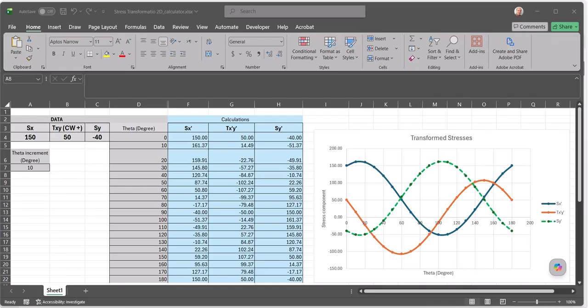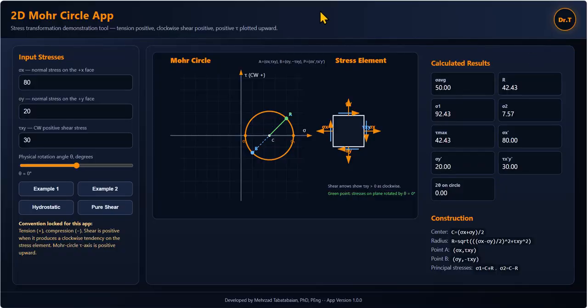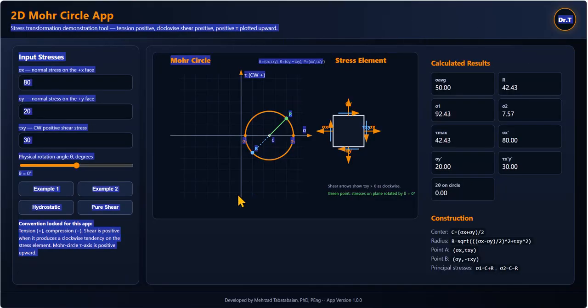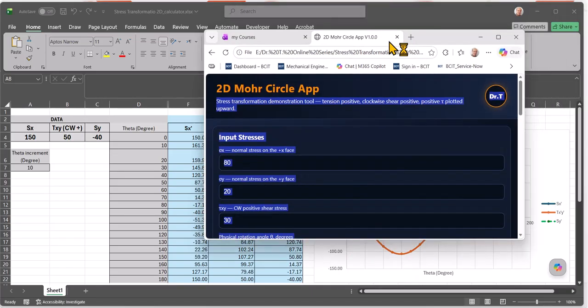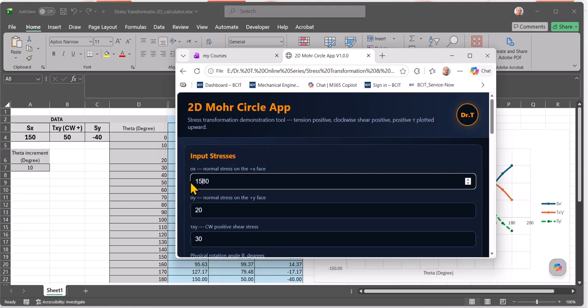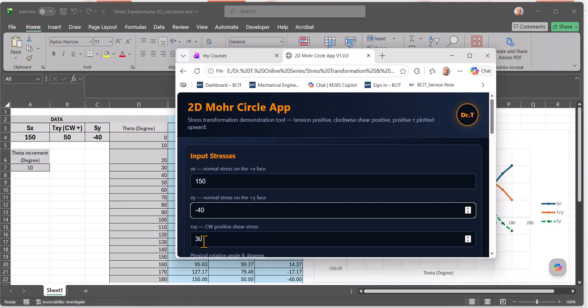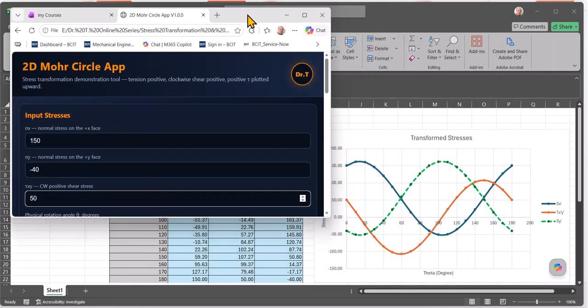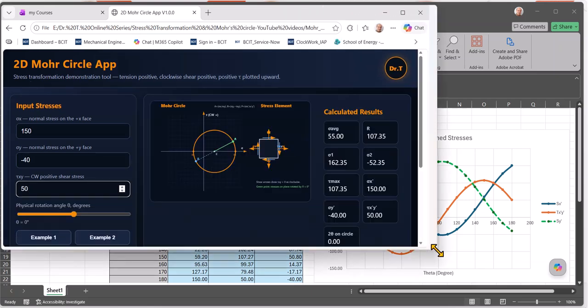I would like also to show you an app that I built. And this app, if I come back here, and give it the same values, 150 for sigma x and sigma y minus 40 and tau xy 50 plus, because it is clockwise positive, then we will see that this app, I checked the app and the values are good.